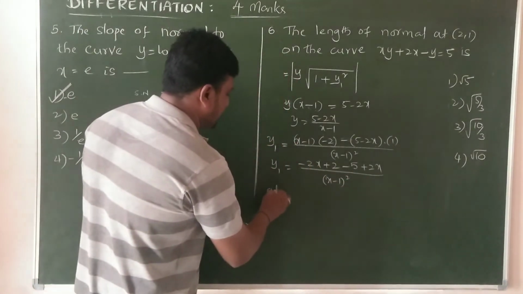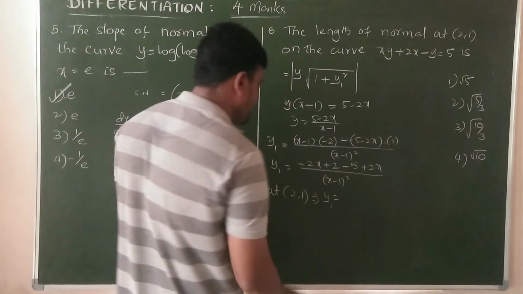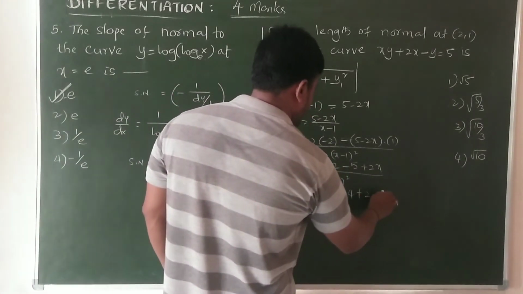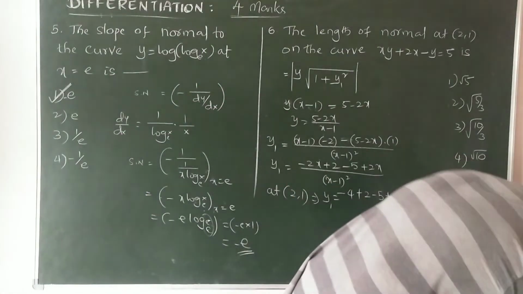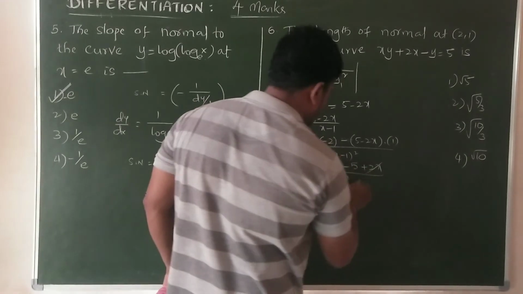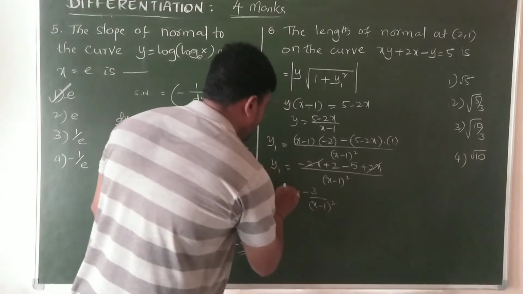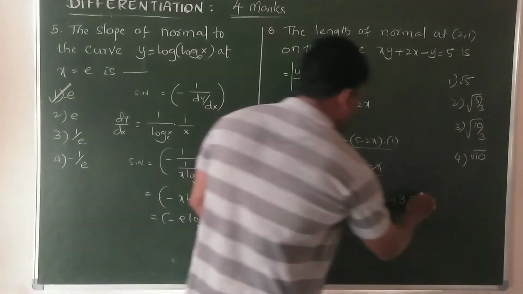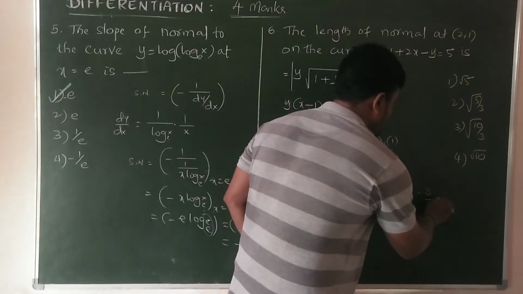Let us observe, minus 2x plus 2x get cancelled. Then here minus 3 by (x minus 1) whole square. So at (2, 1), y1 should be minus 3 by (2 minus 1) whole square, which is 1, so minus 3.